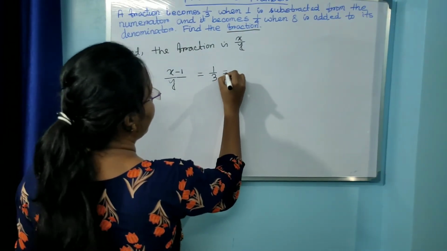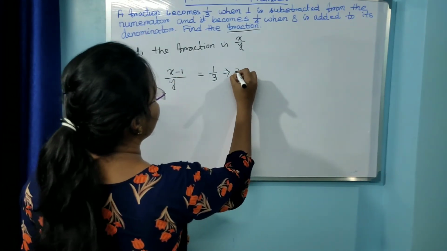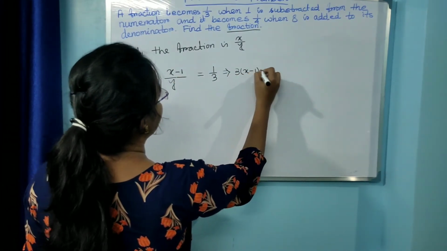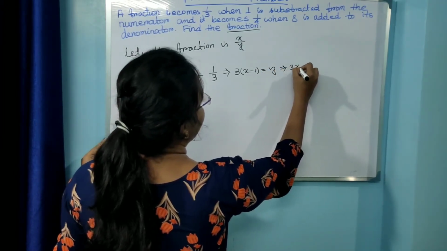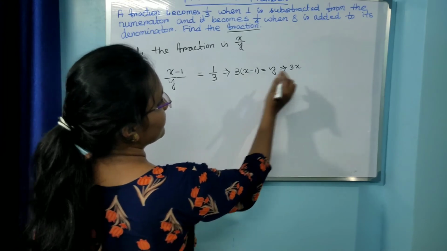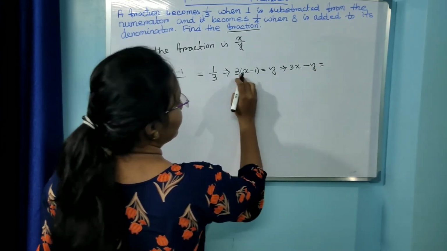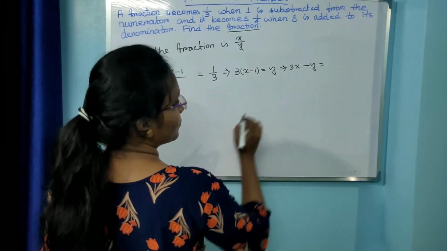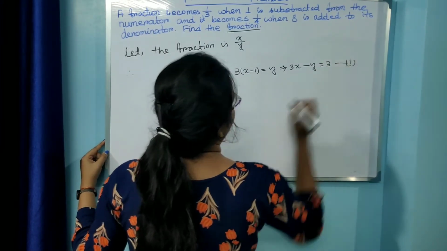So from there we can write, we multiply corner to corner, it will give us 3 into x minus 1 equals y, which is 3x minus 3 equals y, so it will be 3x minus y equals 3. So it is one equation.